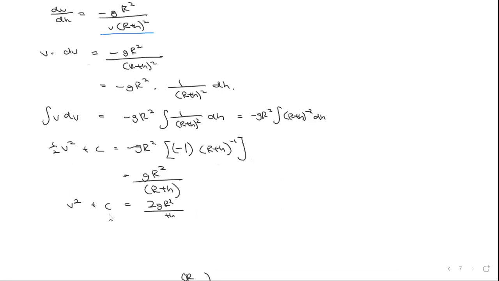What we now need to do is find the c. And remember what we noted earlier. When v equals u, h equals 0. So we'll sub that in. We have v squared plus c equals, well, I should say u squared plus c.